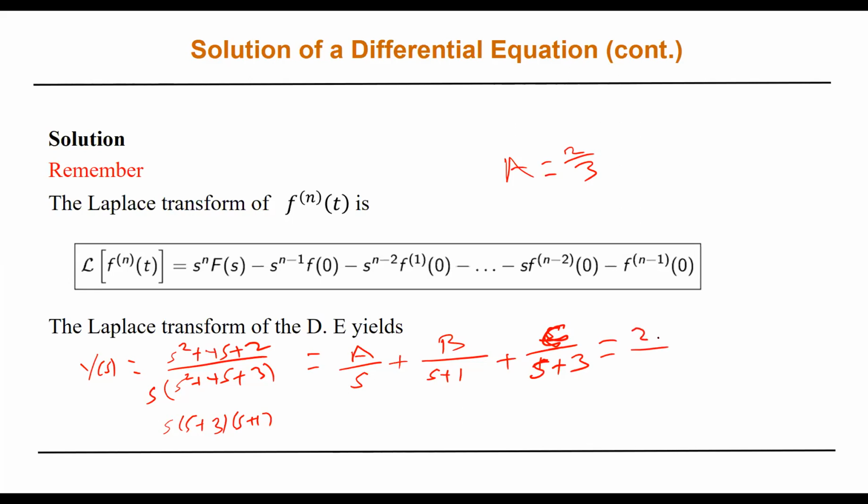So this is equal to 2/3s plus, how about B? B is associated with the s plus 1, so I eliminate the s plus 1 in here.